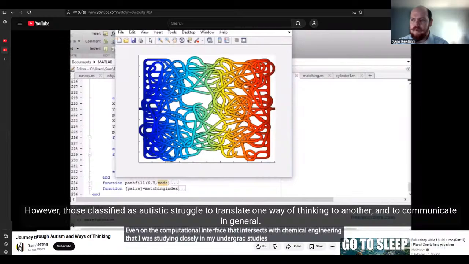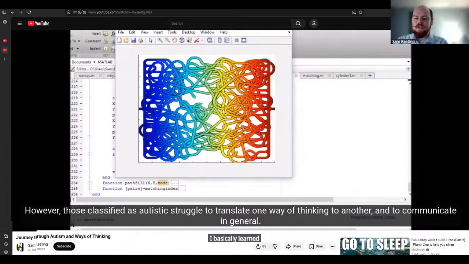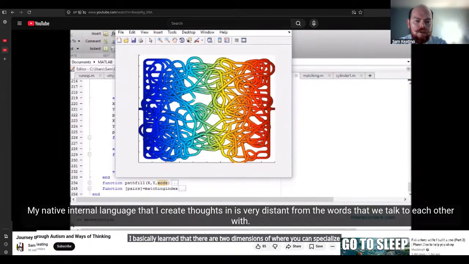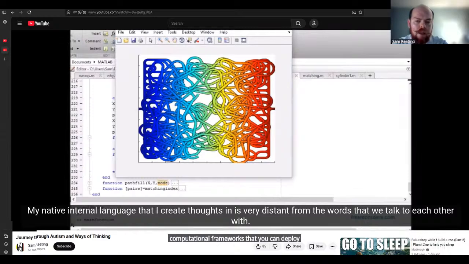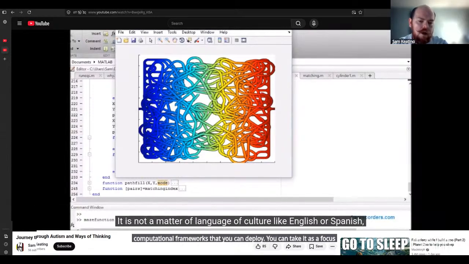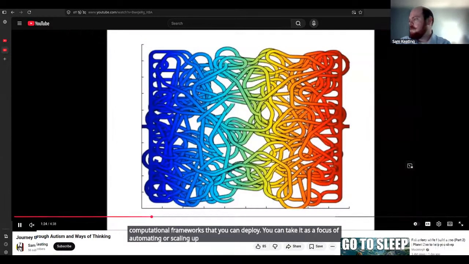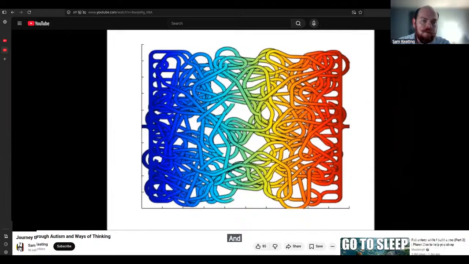I basically learned that there are two dimensions of where you can specialize computational research, computational frameworks that you can deploy. You can take it as a focus of automating or scaling up.